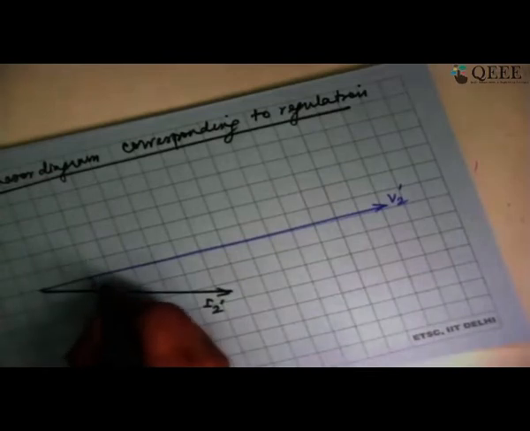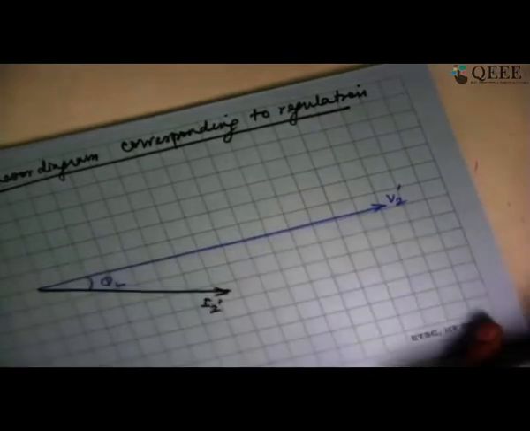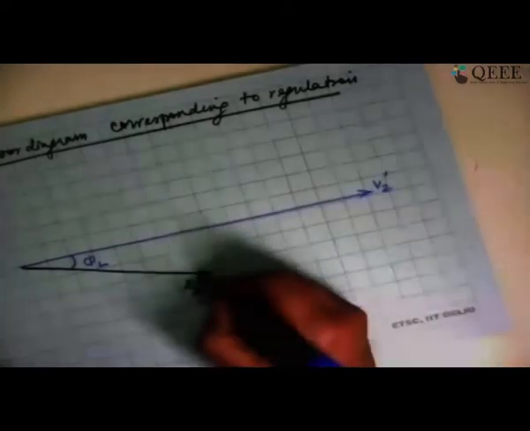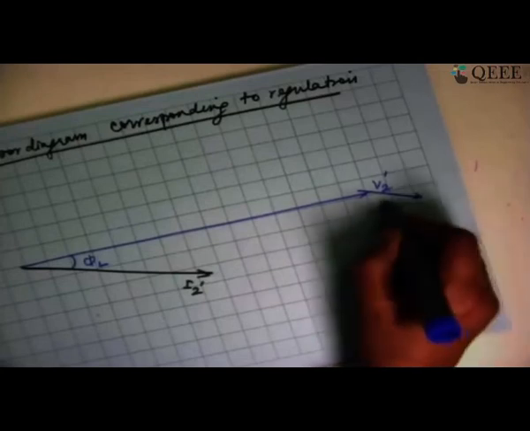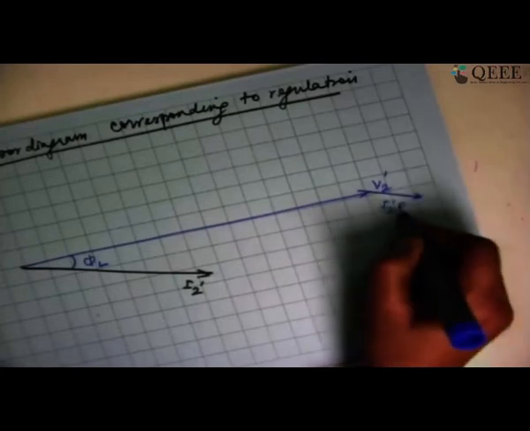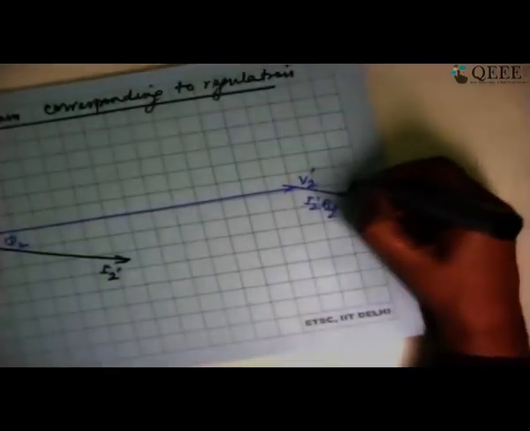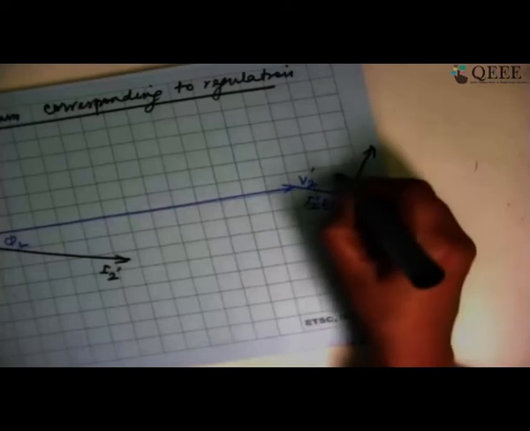Now to this, whatever is the phase angle here, let me call that phi L, or the load power factor angle. Now this I2' and I2' R equivalent will be in phase with each other. Perpendicular to that, I should draw I2' X equivalent.